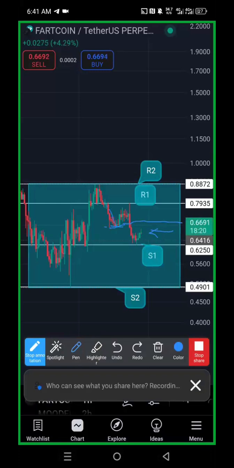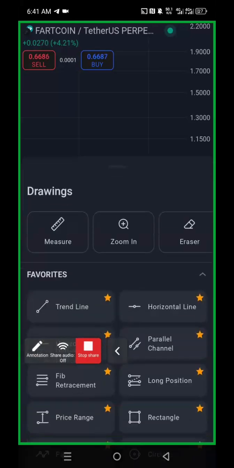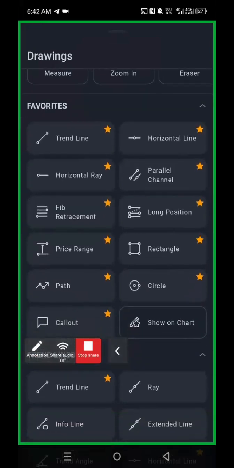Because it's an important area. If we were to look at it as a point of a swing low, this would be a swing low in regards to this kind of movement. See this? If it is to go down, that is how the movement would be. Right? So this is going to be another key price level to draw a trend line.